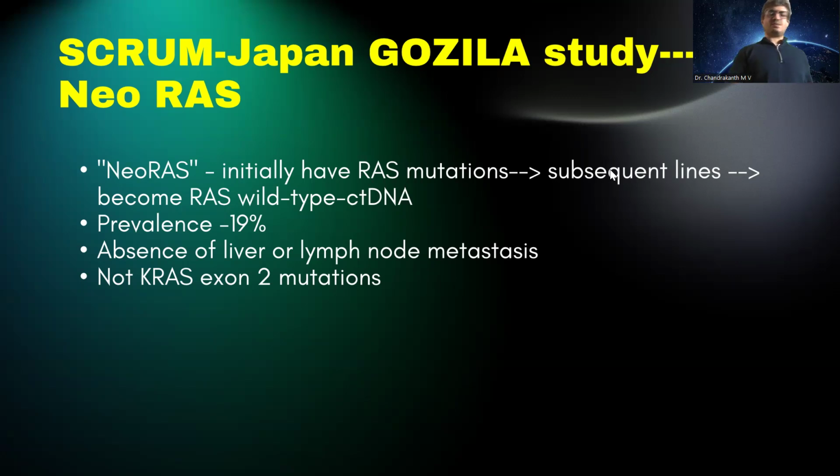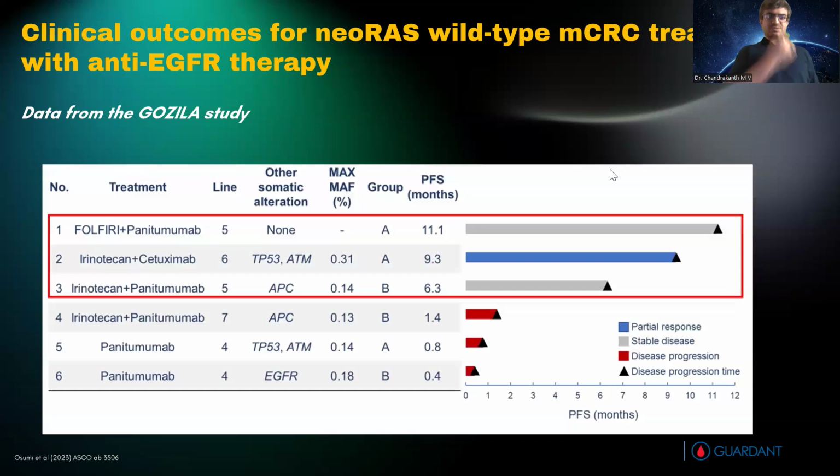In these situations, there is a 19% possibility of having a RAS wild type in a known RAS mutant population. So for the clinical outcomes, if I can select out these neo-RAS patients, I do a liquid biopsy, I find RAS wild type, if I give anti-EGFR, excellent progression-free survival. Therefore, the concept that once RAS mutant in a tissue is RAS mutant forever is not correct based on the GOZILA study. You can pick up neo-RAS patients.